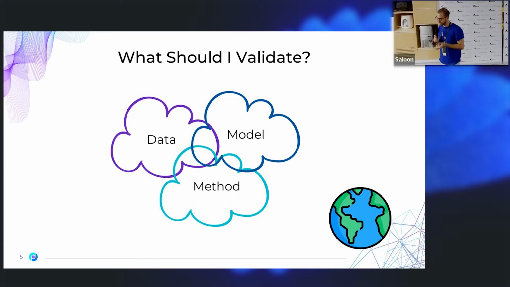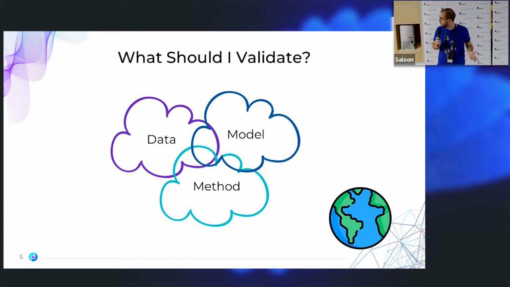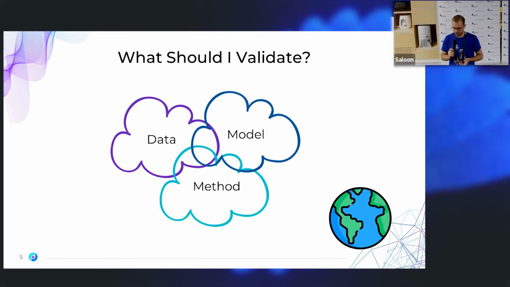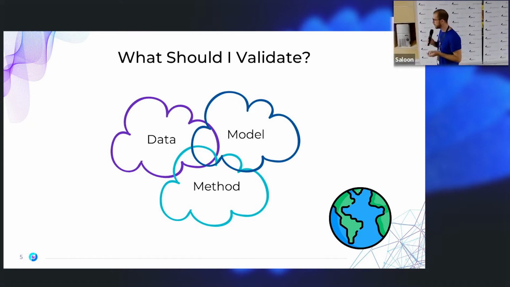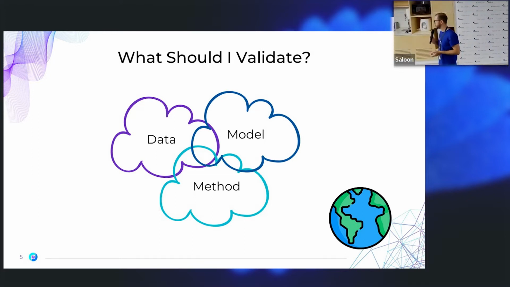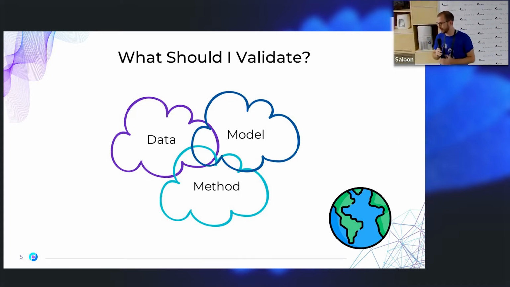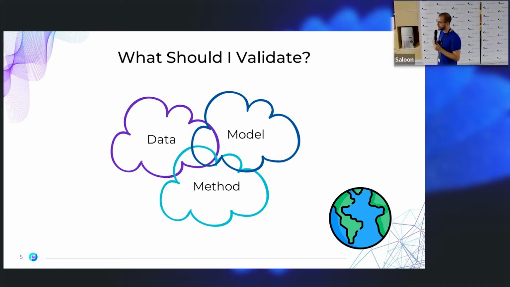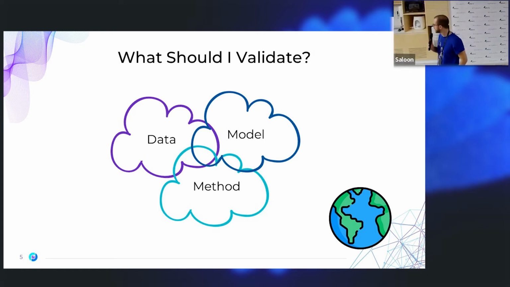So you want to build your dataset to match this real world. You want to build your model in a way that will be able to generalize. And you want your method to produce such a model. You don't want to have any kind of leakage. You don't want your method to operate on data in a way that will produce a buggy model.